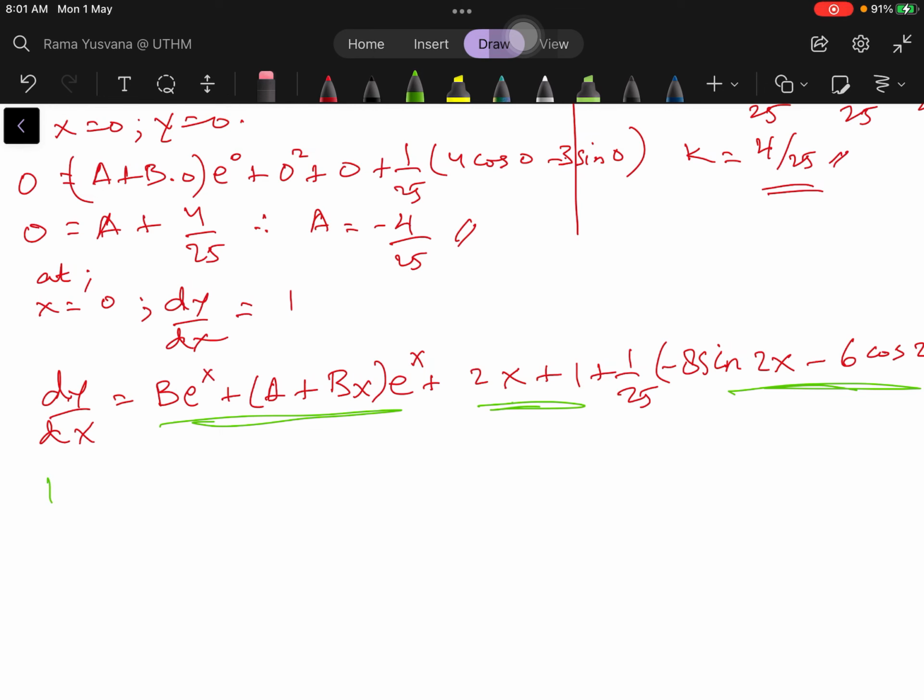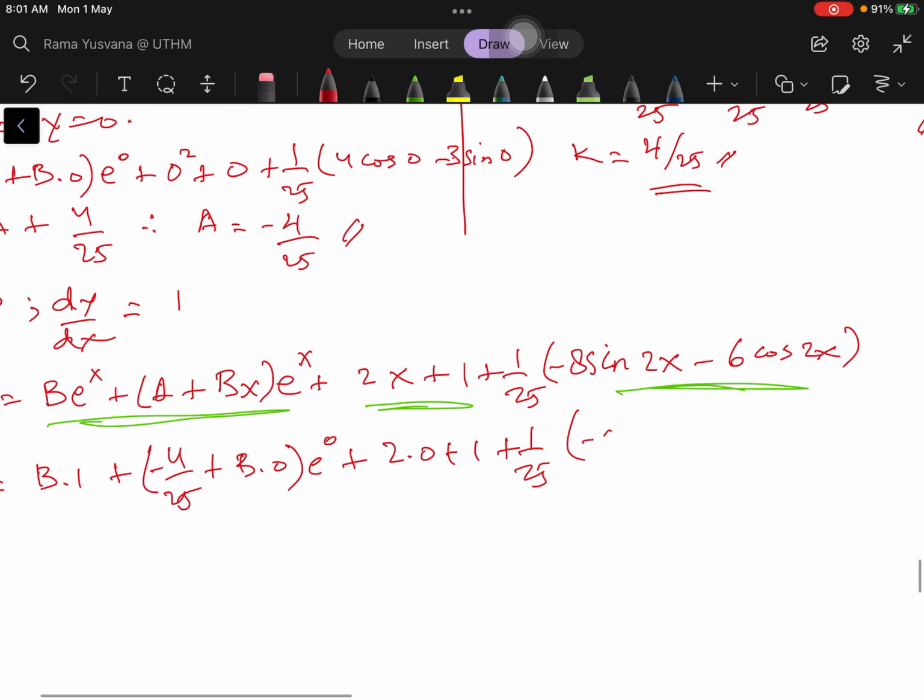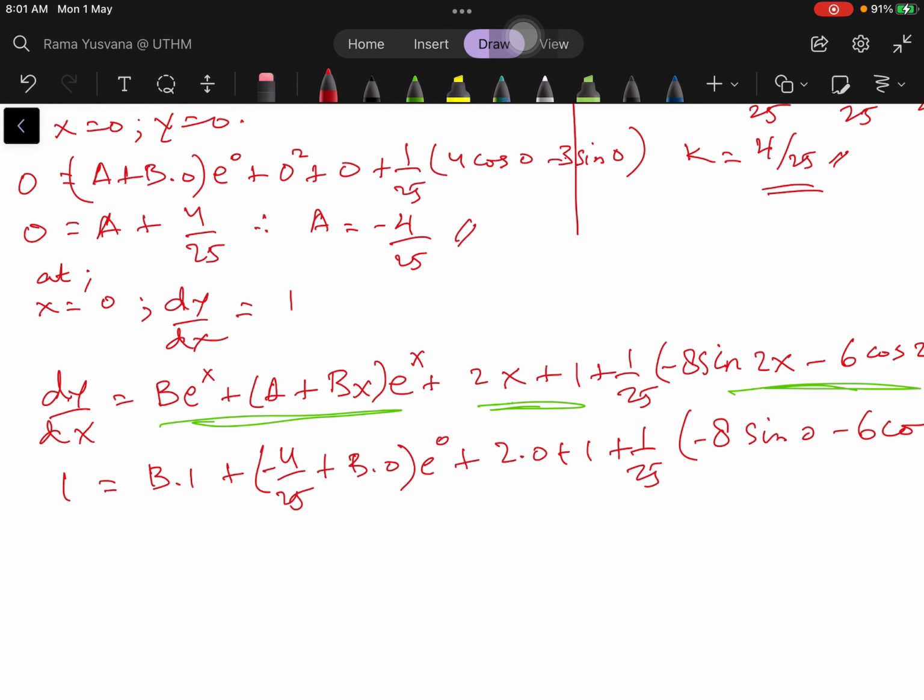So upon summarizing, dy/dx equals 1, and with x equal to 0, we get 1 equals a plus b times 1, where a is negative 4 over 25, plus b times 0 times e to the power of 0, plus 2 times 0 plus 1, plus 1 over 25 times negative 8 sin 0 minus 6 cos 0.